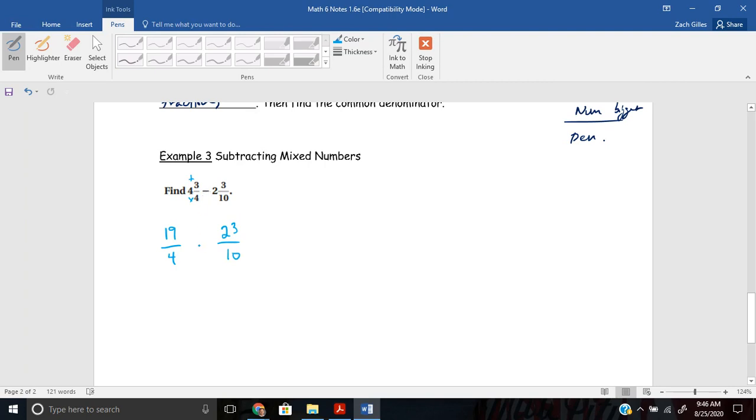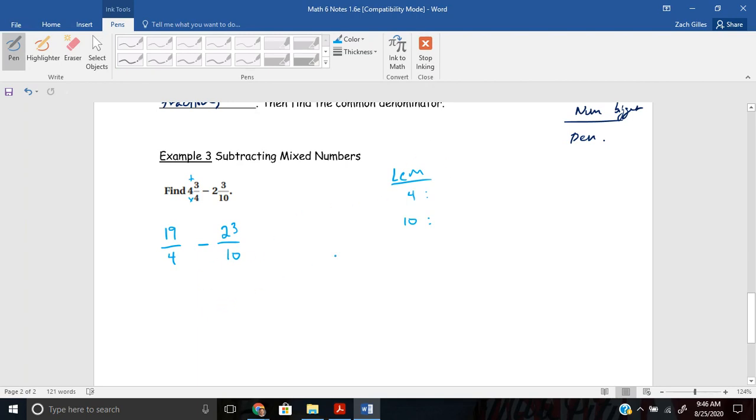And I'm subtracting these two fractions. You'll notice I don't have a common denominator right now. So I need to find a common denominator, right? Well, you could say, let's do like we just did. Let's find the least common multiple of 4 and 10 so that we don't have to simplify in the end.